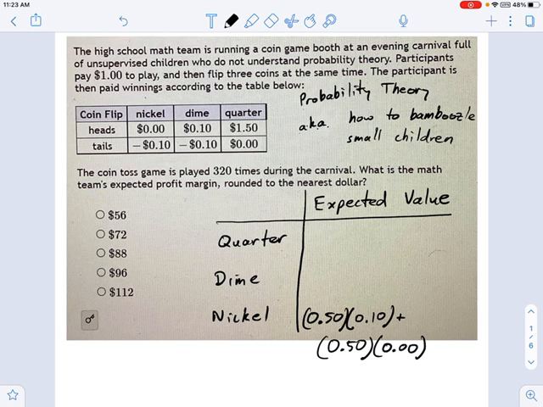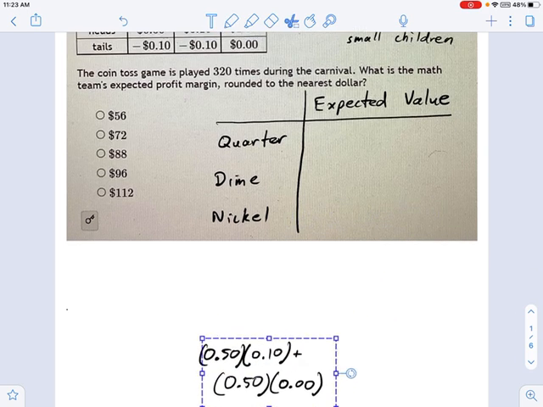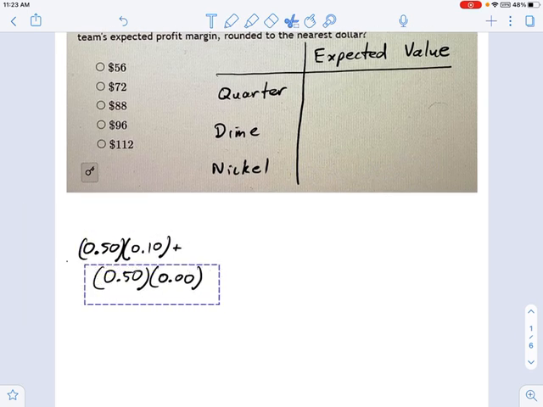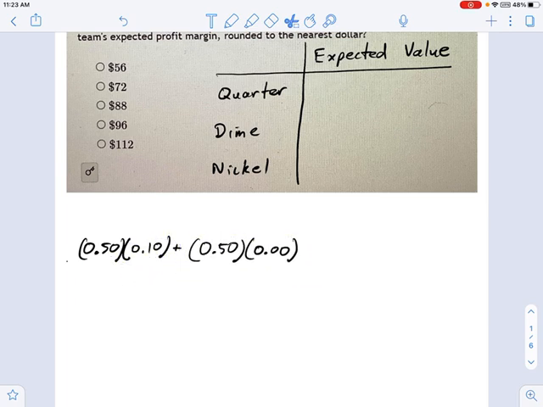But your expected value of this, let me bring this somewhere else where I'm just talking through this. Your expected value of this one is just the result of running this calculation. So that's going to be, well, 0.5 times this is 0.05 plus 0 equals 0.05. So I would say that's my expected value.